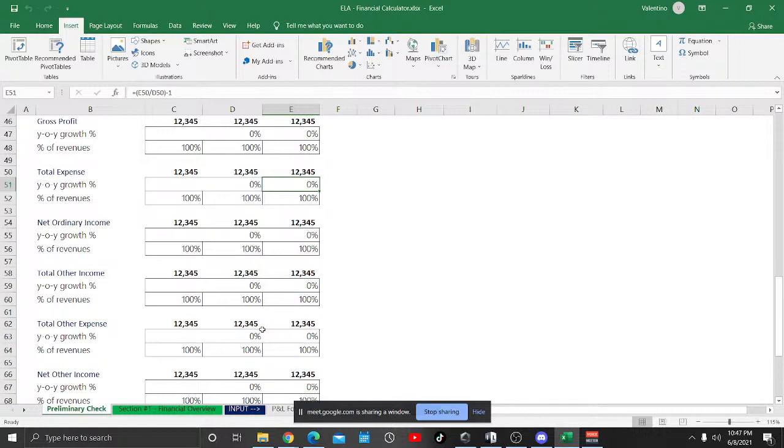Well, I think it's a red flag if the ratio of gross profit to revenues is decreasing, or total expenses are increasing, or net ordinary income is decreasing. Anytime it's going the wrong way, it's cause for concern, right? Right.